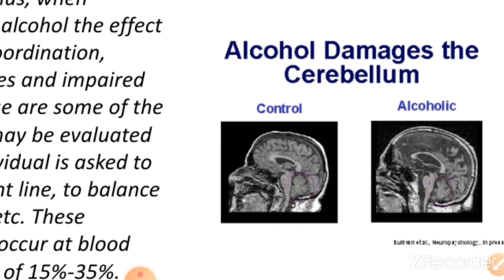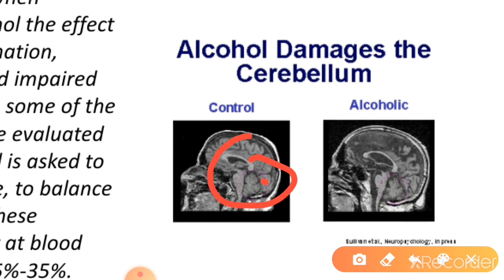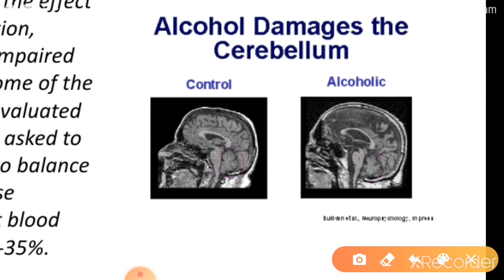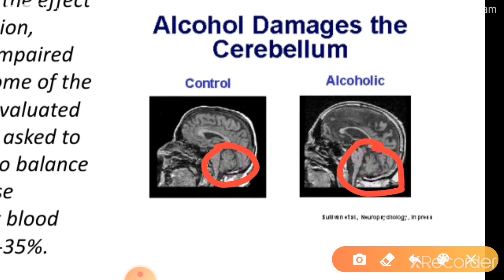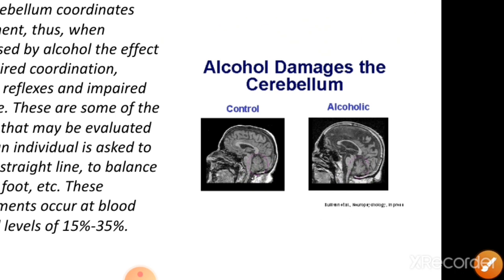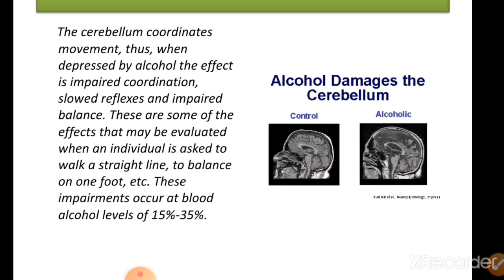You can look at this picture. This is the part. It looks different, right? In the alcoholic person, the cerebellum is disturbed, and this is how it gets affected, and it results in impaired balance of the body.